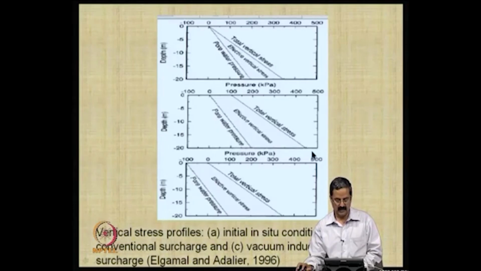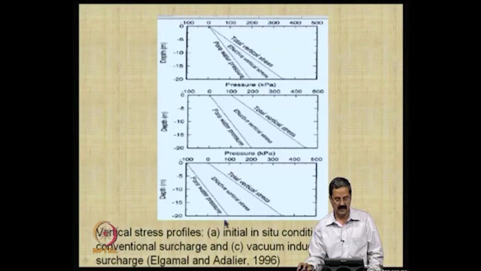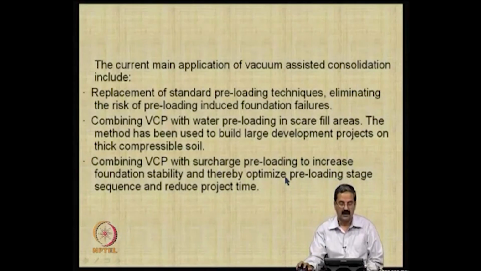Now, with vacuum assisted surcharge, you can go up to minus 1 bar. 1 bar is the pressure that you can apply, so minus 100 kPa. This is the region. So, you can clearly see that you have increased the effective stresses; you are able to create an effective stress field using this suction. That is what it means.